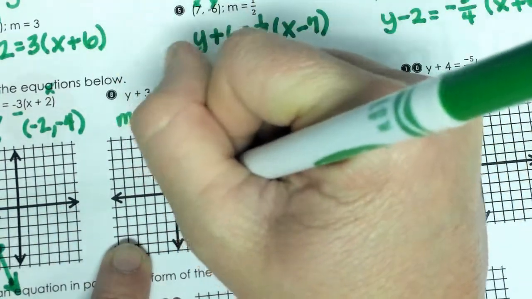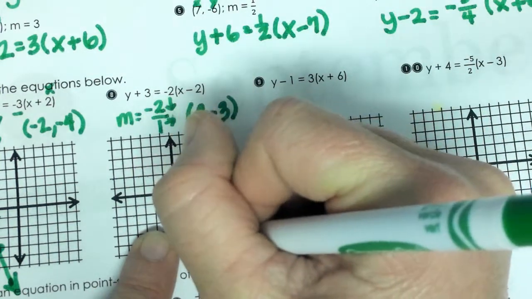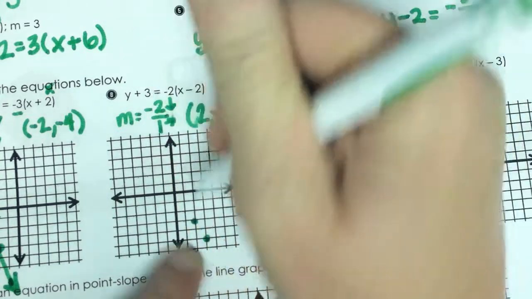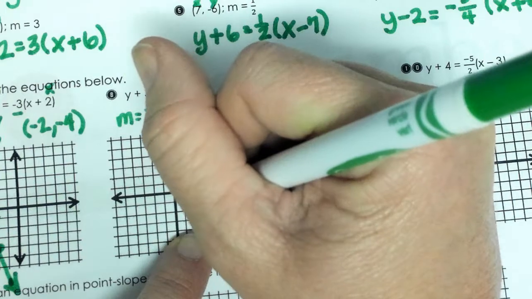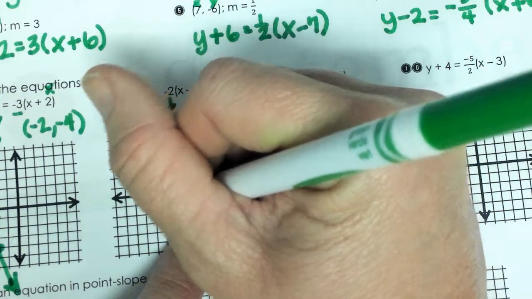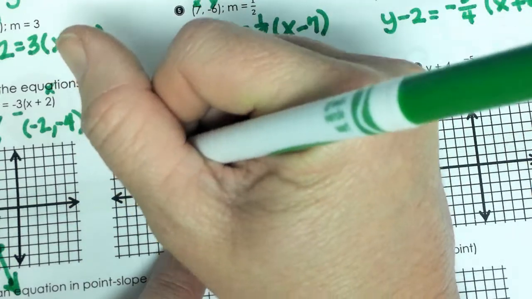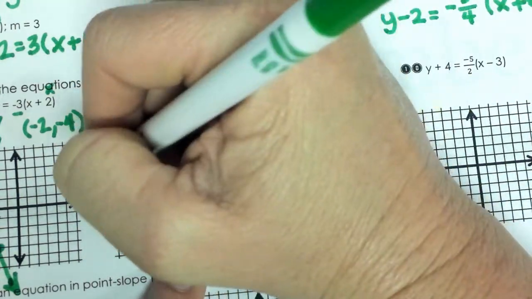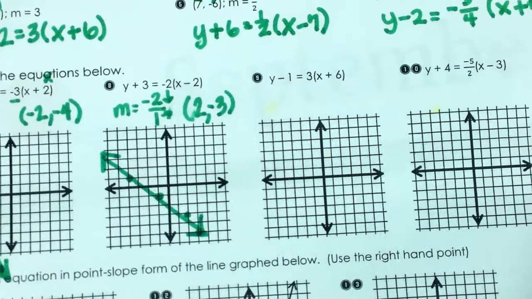So starting at (2, -3), I'm going to go down 2, 1 to the right. And that's really as far as I can go. So now I'm going to go backwards, starting at that same point that I started at before. I'm going to go up 2, 3 to the left, up 2, 3 to the left, and that's really as far as I can go. So that's what my graph would look like there.